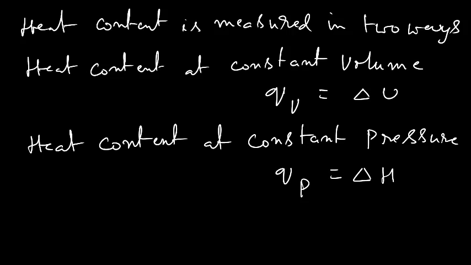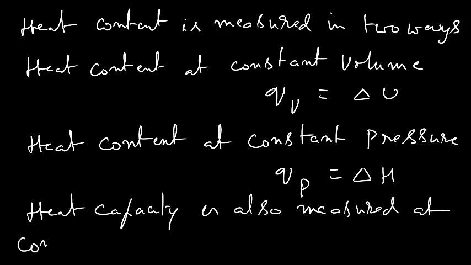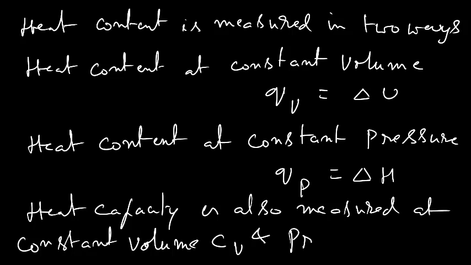Similarly, as heat content is measured at two parameters, that is constant volume and constant pressure, heat capacity is also measured at constant volume, that is Cv, and at constant pressure, that is Cp.